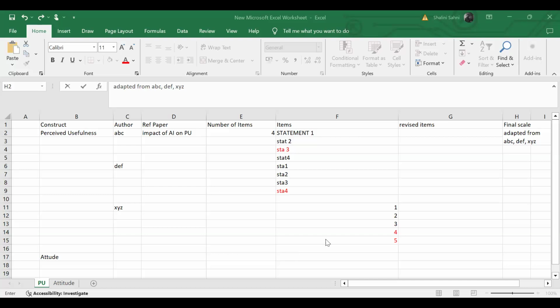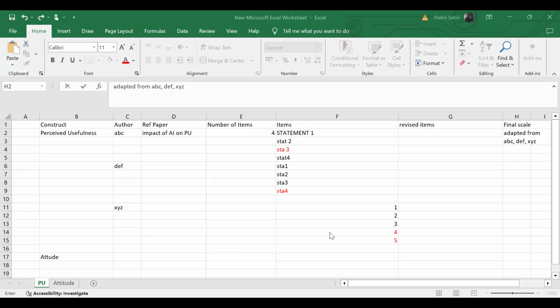Ma'am, excuse me, ma'am. Is it necessary to have items from previous literature? Because if we want to introduce any new item, can we not do that? New item or a new scale? New statement. See, ideally, it should be from the previous literature. However, if there is just one statement which you think can be taken, you can add that statement to the scale.